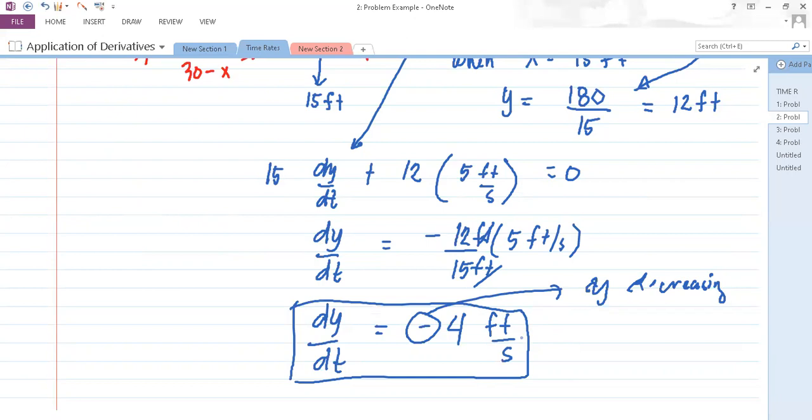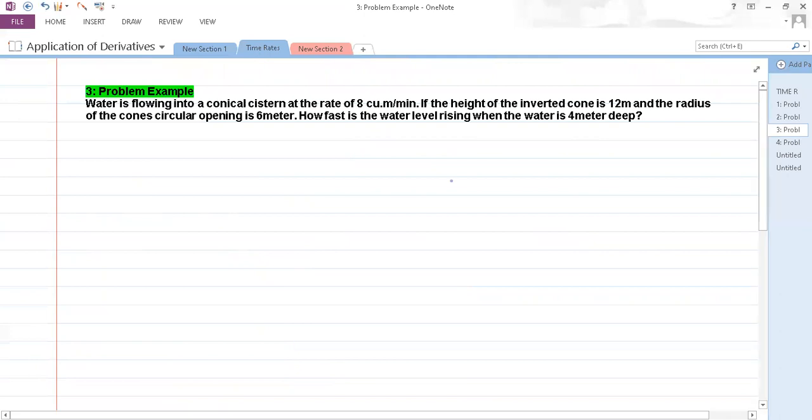So let's have another example. Problem number 3. For our problem number 3, water is flowing into a conical cistern, so cone-shaped yung cistern natin, at a rate of 8 cubic meter per minute.